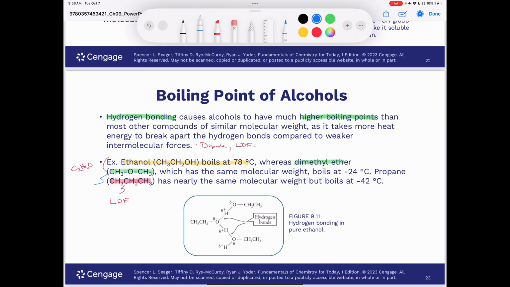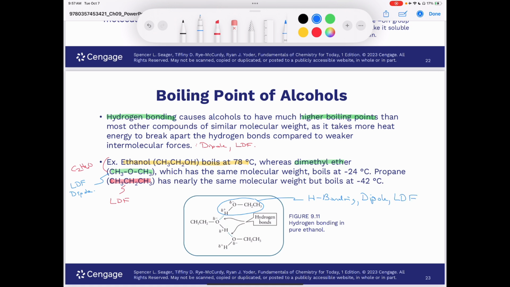If we go to the dimethyl ether, it has London dispersion forces, of course, and it also has dipole forces. But then when we get to ethanol, here's a molecule of ethanol shown right here, it has hydrogen bonding, which is the strongest of the intermolecular forces. It has dipole-dipole interactions, and it also has London dispersion forces, right?